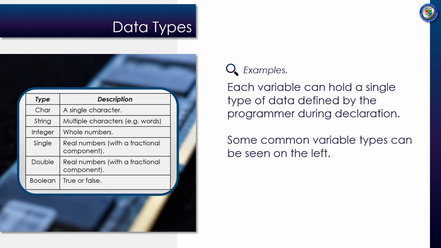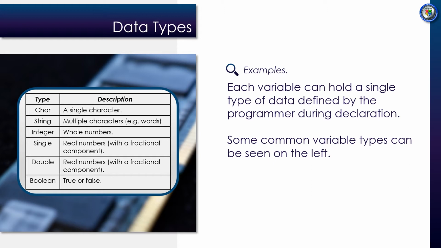Single is declared as a real number, so it has a fractional component. A double is a real number with a fractional component. The difference between a single and a double is a double gives a greater amount of decimal places. Therefore, we can store numbers that are extremely accurate.